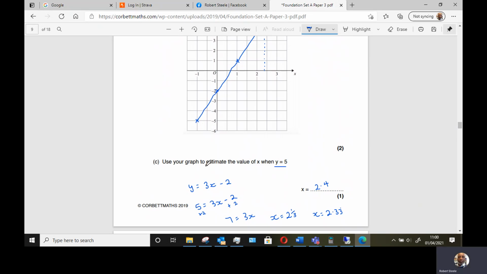Because we were asked to estimate, I'm not saying you were expected to do this calculation. I'm just showing you how you could do the calculation, just to show you that our estimated answer is accurate enough for this 1 mark.